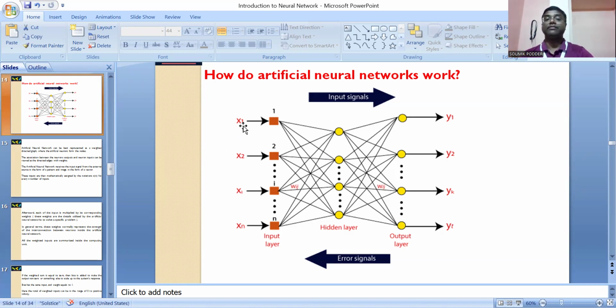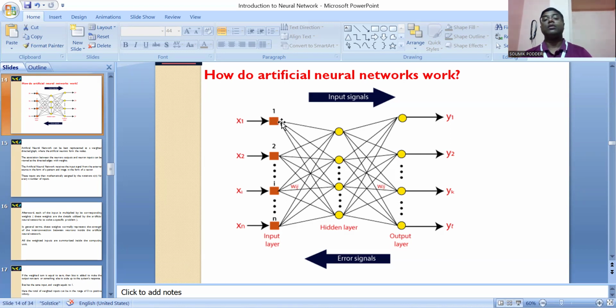So suppose X1 is the input signal coming to node 1, and the total number of hidden layer nodes is J. I can write the first connection weight as Wij, where i equals 1, j equals 1.